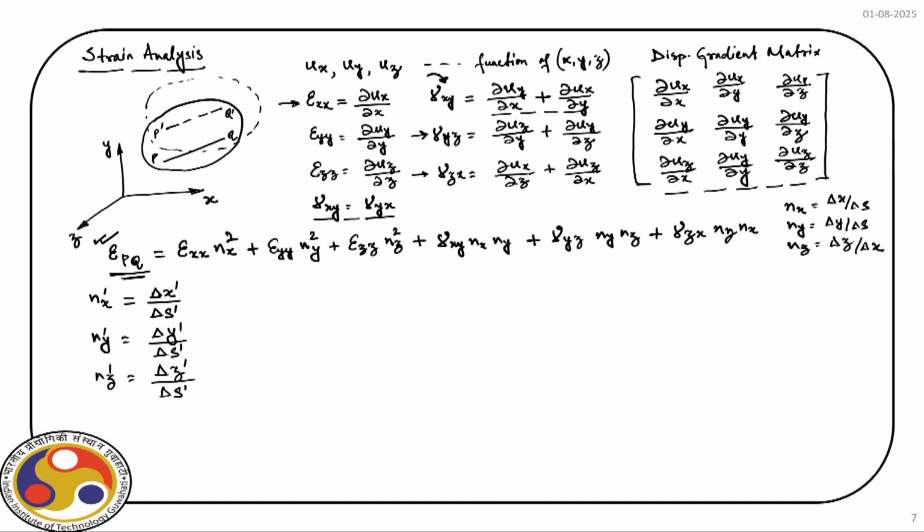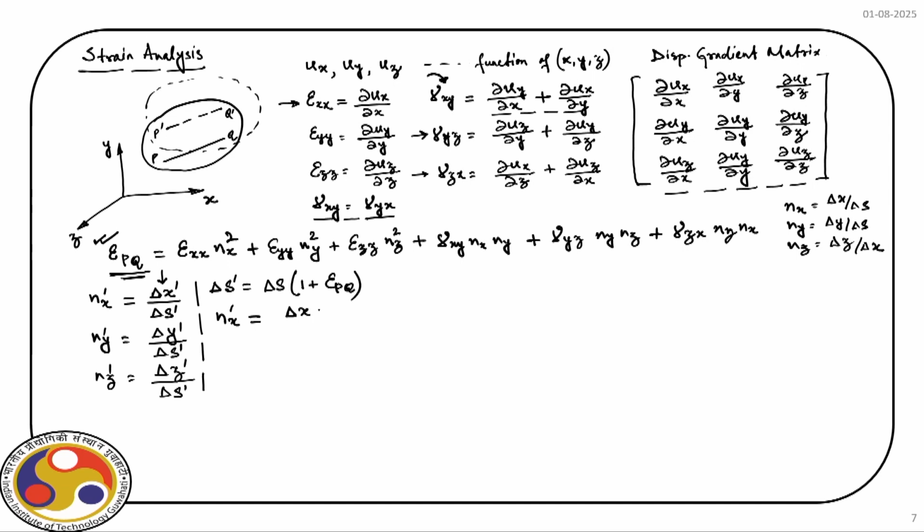Okay. So, we can also write delta s prime is equal to the original length times 1 plus the extension, which is epsilon PQ, right. Now, if we wish to find out the expression for nx prime, then we have delta x prime here, and in place of delta x prime we already know the expression.